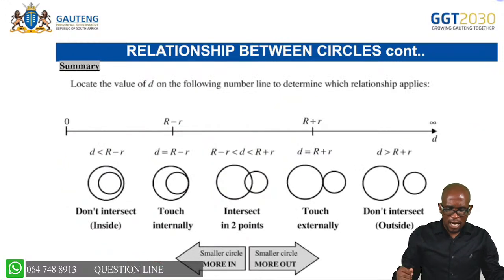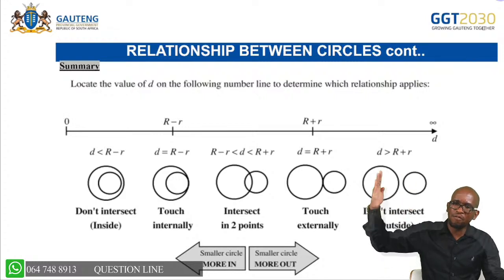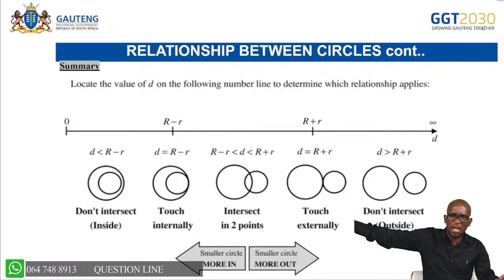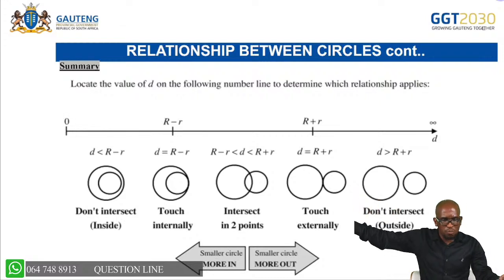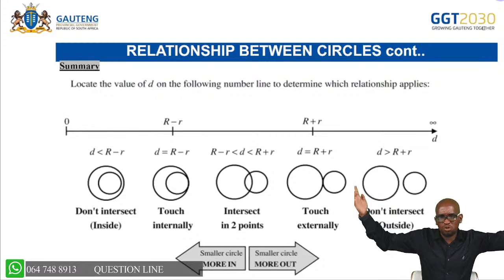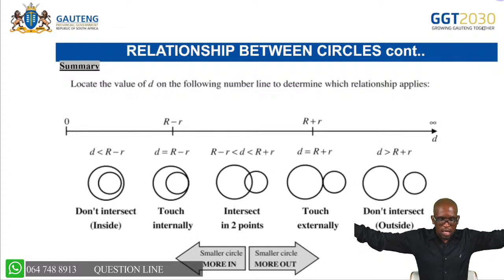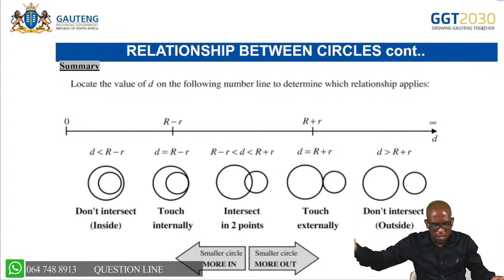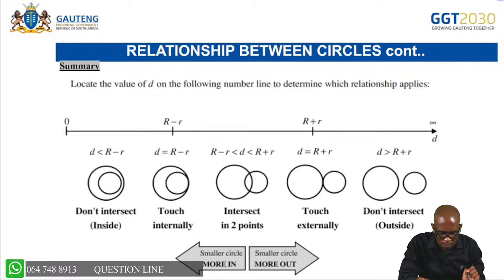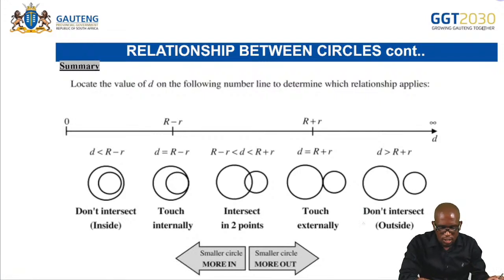Now we can summarize that relationship through a number line. This number line works in this way. I have the value of d getting bigger at the side, starting from 0 to a bigger value, and I'm going to analyze it from d being bigger. If d is greater than r plus r, they do not intersect.